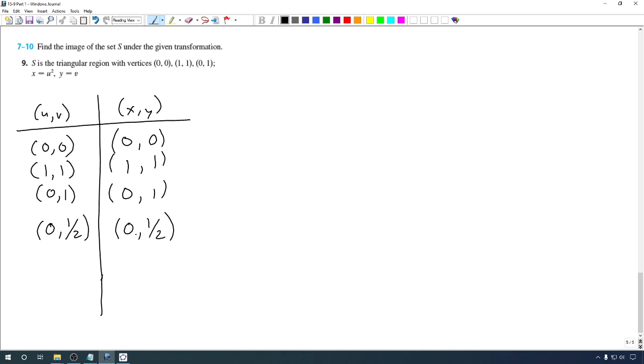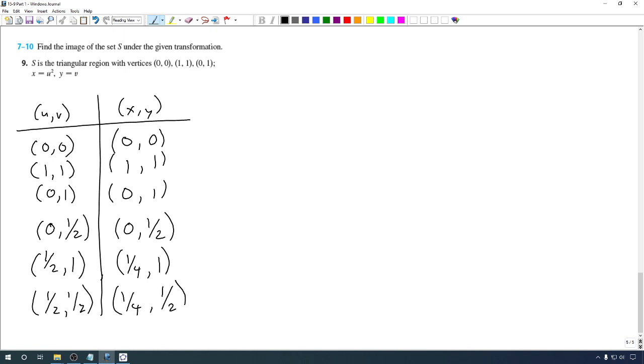So that point doesn't change. 1/2, 1 is going to be a little bit different though. When we plug in 1/2 into u squared, we get 1/4. And then the 1 just stays as 1. If we look at 1/2, 1/2, this time this 1/2 becomes a 1/4, and that 1/2 stays the same.